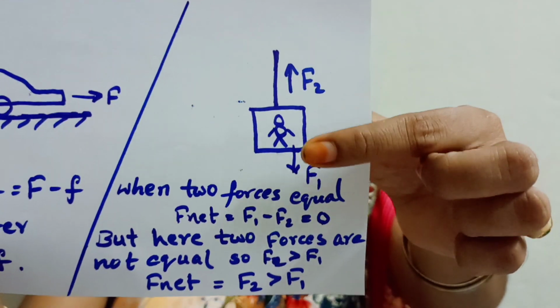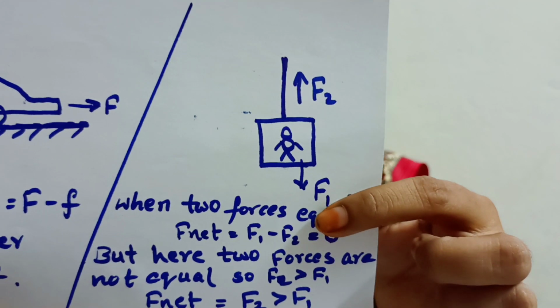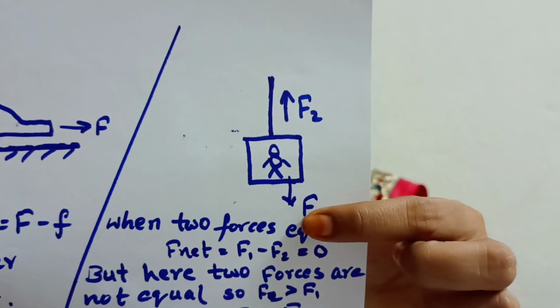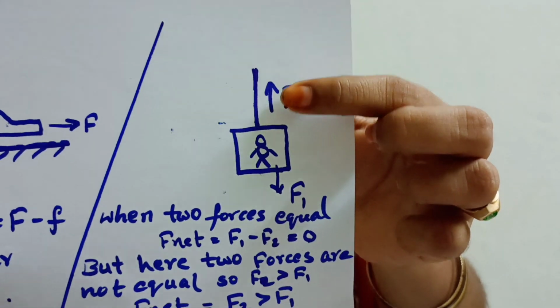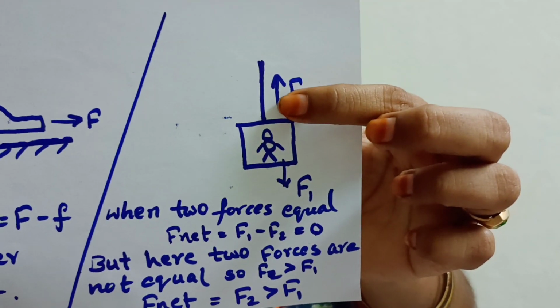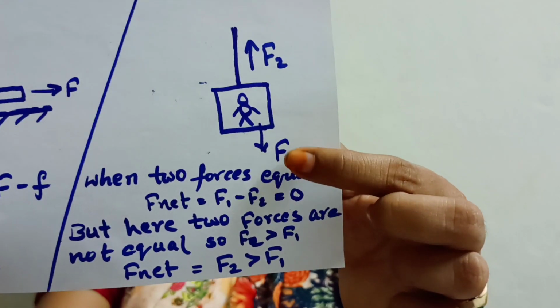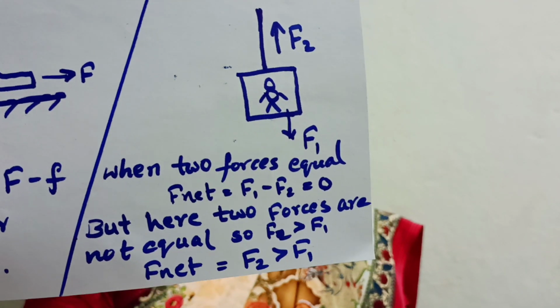This is greater than the downward force. Here the downward force is F1, the upward force is F2. You observe here that F2 is greater than F1.